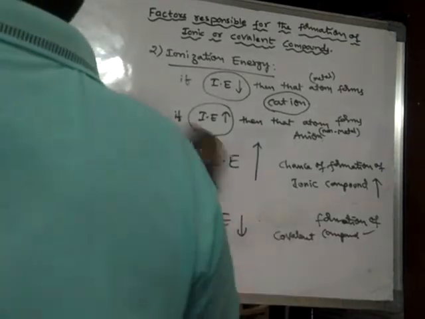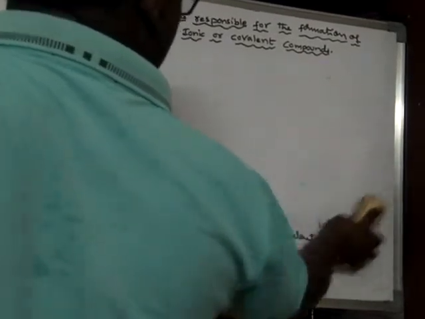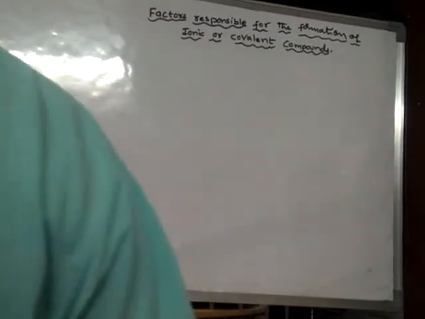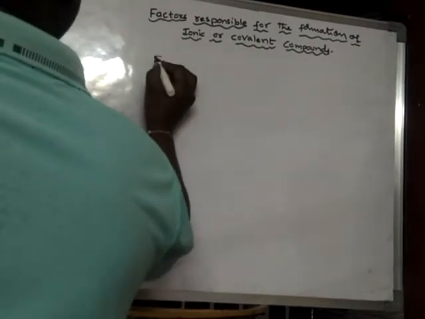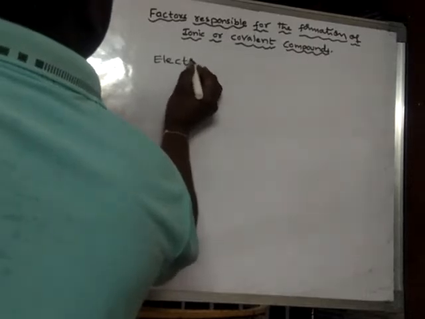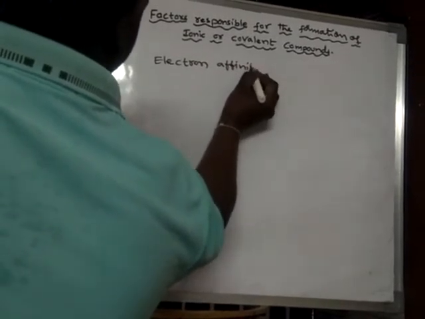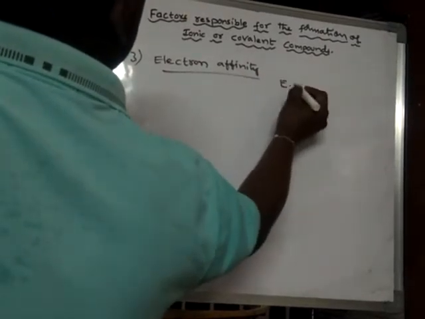The next factor is electron affinity. So electron affinity, simply EA.